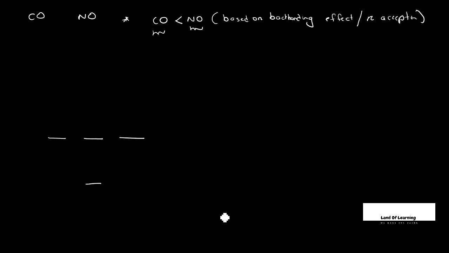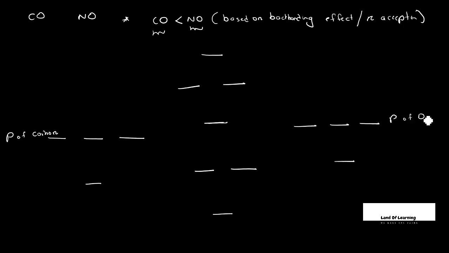Here we have it. So one, and now here we have 3. This is the p orbital of carbon, and this is the s orbital. This is the p orbital of oxygen, and this is the s orbital.